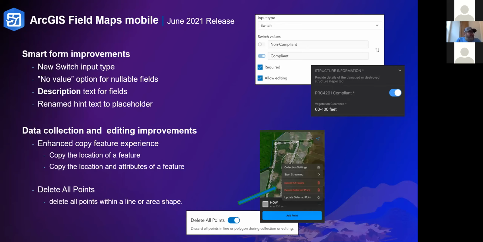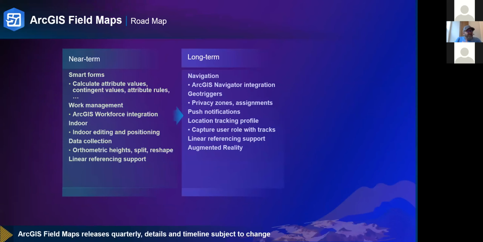If you're authoring a line or an area with a bunch of streamed vertices, maybe you want to delete all the points, or select a few points and delete all or just the selected points. So just improvements in the usability of the Field Maps mobile app in general.